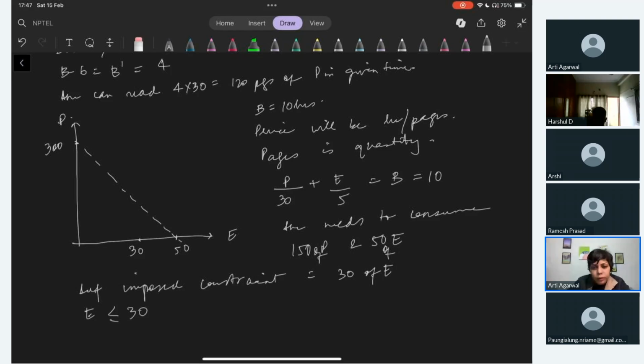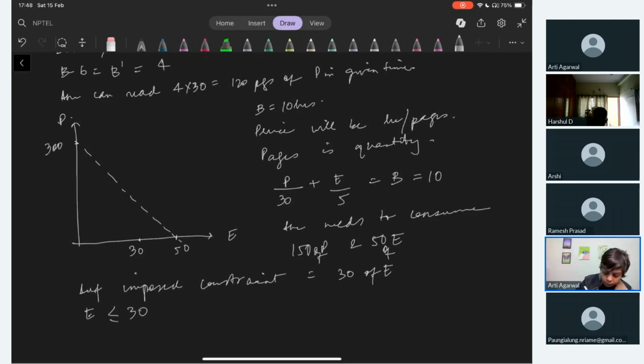Oh, wait a minute, let me read the question again. She realizes she cannot complete all of her assignment, but she wants to read. Oh, right. Yeah, sorry. This is at least. I thought it the other way around. Okay, so this is greater than or equal to 30.